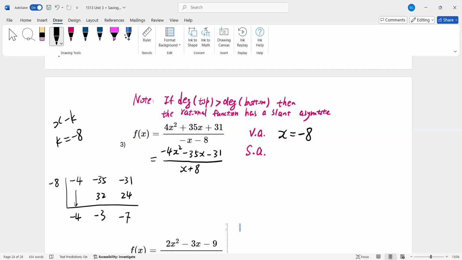This is the remainder, -7. The quotient is -4x minus 3.